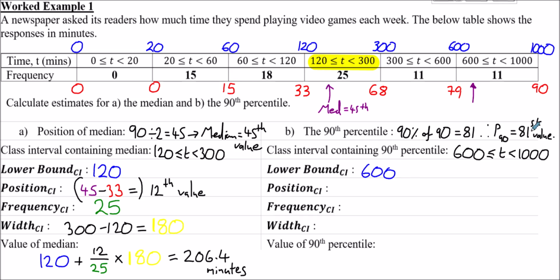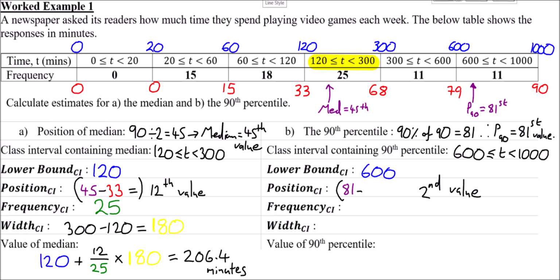And the 81st value, the 90th percentile: this interval starts after the 79th, so 81 take away 79 is going to be the second one in this interval. So it's the second value in the interval. I'll mention where we get the second from by putting it in brackets, if you're not sure where we're getting it from. So it's the position of P90, which is the 81st. We write down 81 and subtract from that where the interval begins.